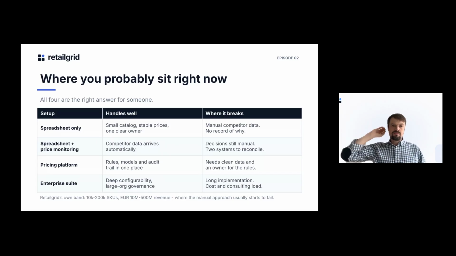So if you are not enterprise today, it's really overkill to look at enterprise platforms. You should really understand your current situation and what your real need is. Because an enterprise platform is super expensive.